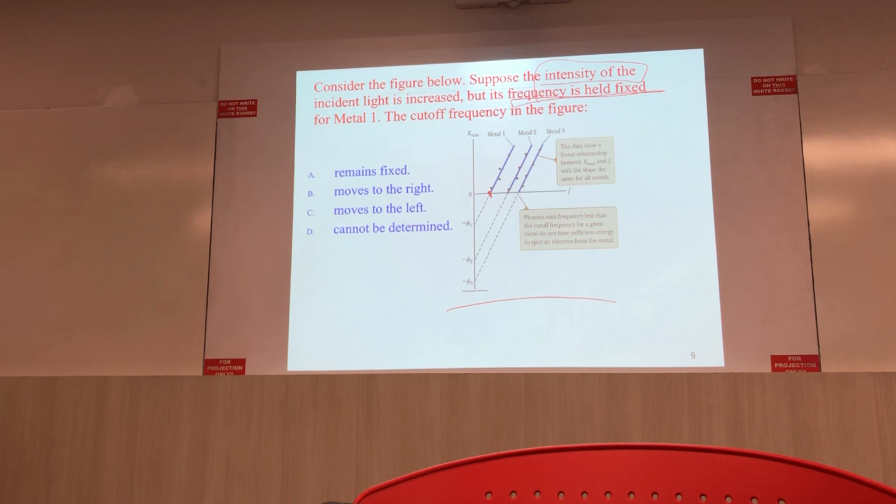It's going to be fixed, or to the right, or to the left. So we just increase the power, okay? We fix the light source and we just increase the power. Then what will happen to this cutoff frequency?